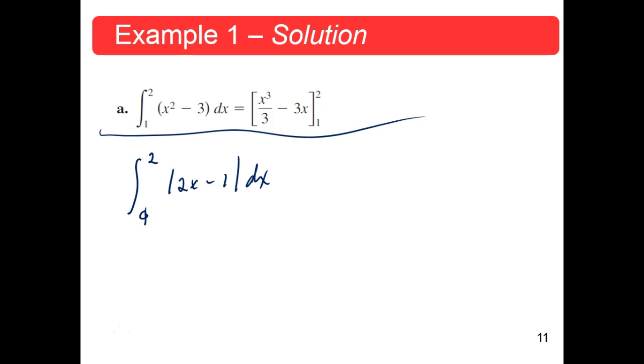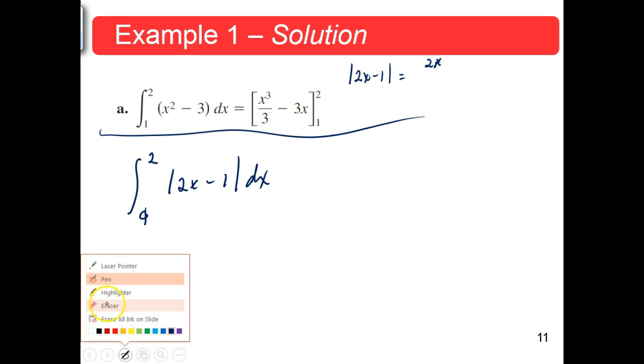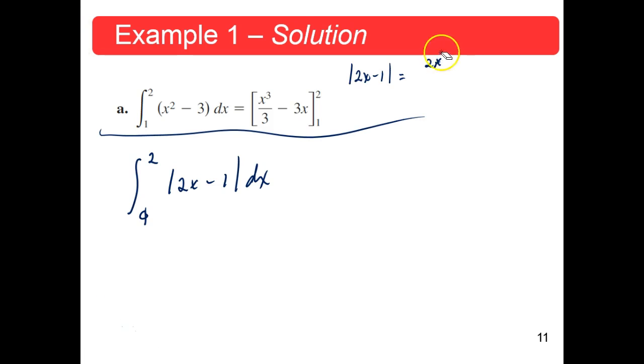Here's how technically I would say approach this problem. This may not be the way the book does, but this is what I say. What does this mean? The absolute value of 2x minus 1 is equal to 2x minus 1 in one case and its negative in the other. The book usually does it in reverse of this. I don't know if this book does, but most books do. I like to put the negative on top and the positive on the bottom.